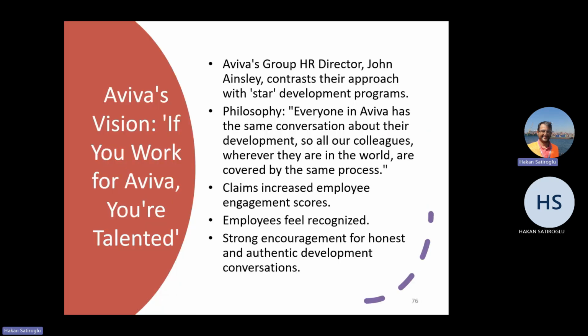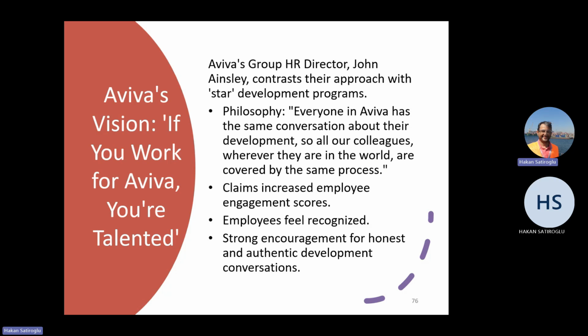One example is Aviva, and how organizations are practicing this. Aviva Group HR Director John Ainsley contrasts their approach with star development programs.